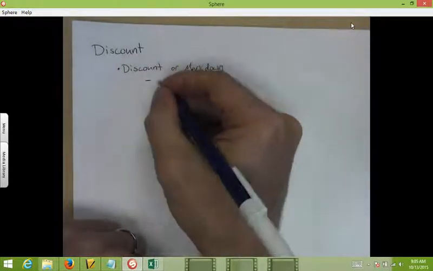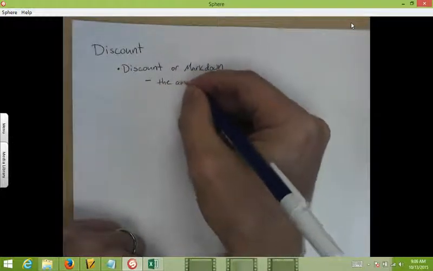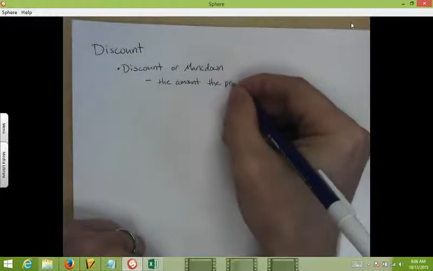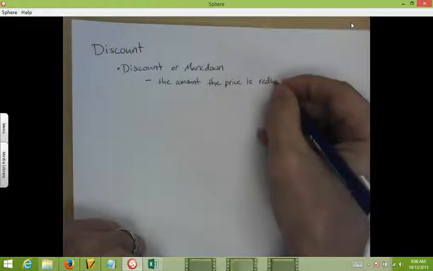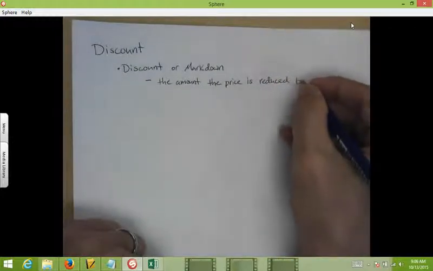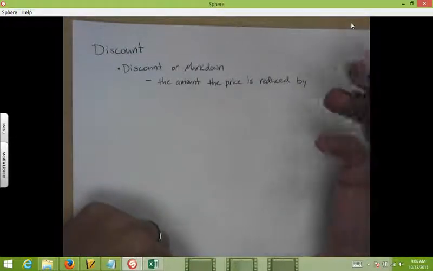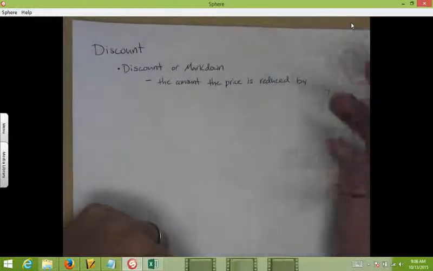Basically this is the amount the price is reduced by. For our purposes, we're going to have percents, and you can think of it like coupons, 10% off, 20% off, or a sale, 30% off games, 40% off this, whatever.